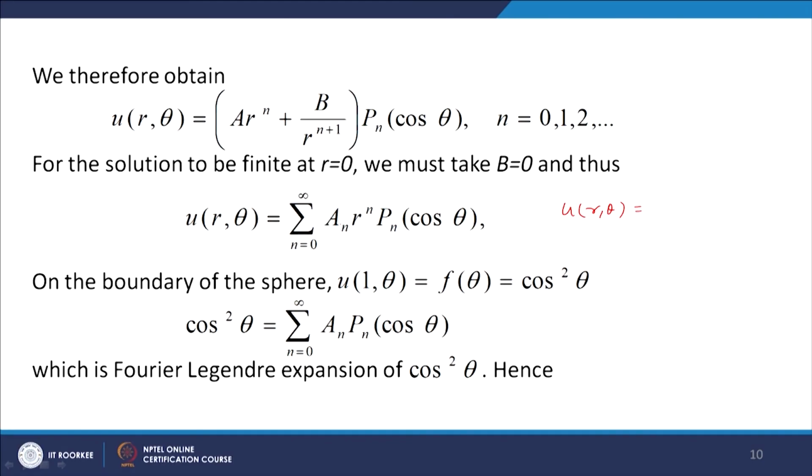A n is 0 for all n except n equal to 0 and 2. So we have A naught r to the power naught P naught cos theta plus A2 r to the power 2 P2 cos theta.